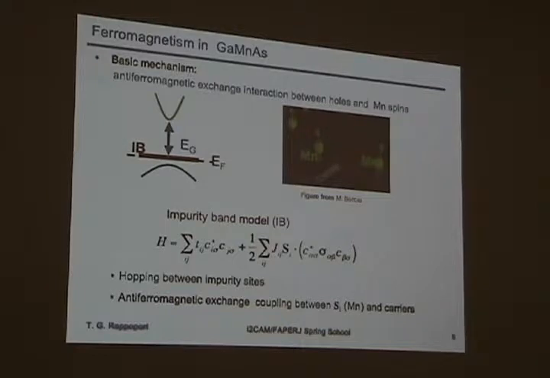Someone from a heavy fermion background is very familiar with a Hamiltonian like this. And sometimes, depending on the semiconductor, you can even model it with a normal Kondo lattice model. So you see that someone from a heavy fermion background can work in this area kind of easily, okay? So this is just a motivation.